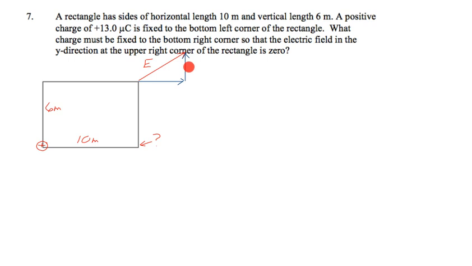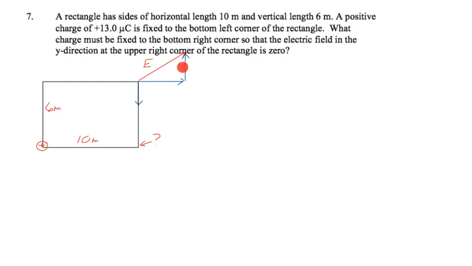I can cancel out the y by putting a charge in this corner that will cancel out that arrow right there. So I need an electric field in this direction so that this one will cancel that one.